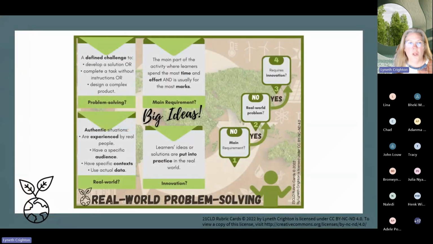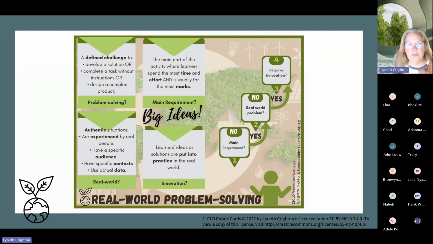Next. So here are the big ideas of real world problem solving. It has to contain the main requirement, which remember is the most time, effort, and marks, has to be problem solving, which means they have a challenge to develop a solution or complete a task without instructions or design a complex product.